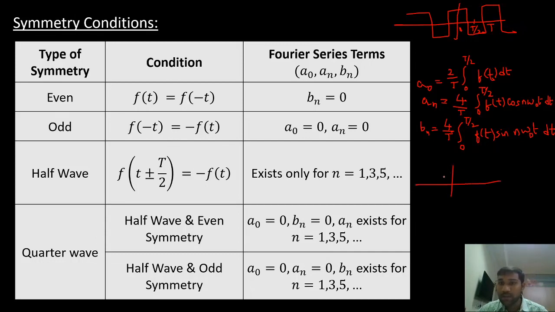Whatever is there at 0 shows up at T by 2, and whatever is there at minus T by 2 will come at 0, shifted by T by 2.